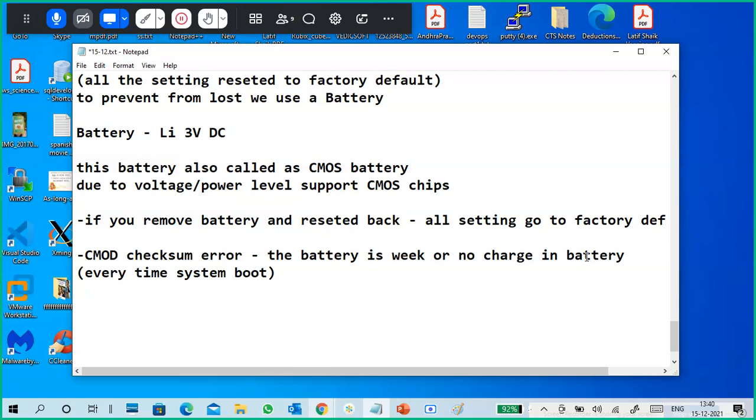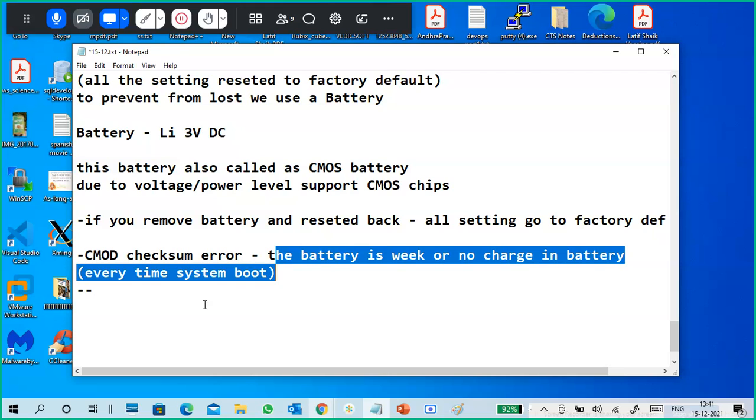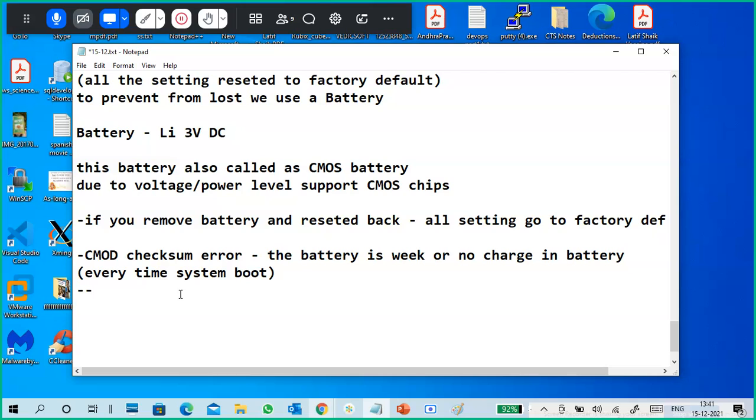So what to do, guys? Please tell me. You got this error, and the meaning is this. What to do? Change to a new battery. That's it. Go to the market. Generally the cost is 10 rupees only, depending upon your city.